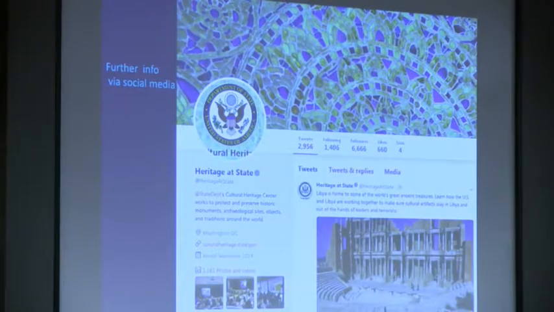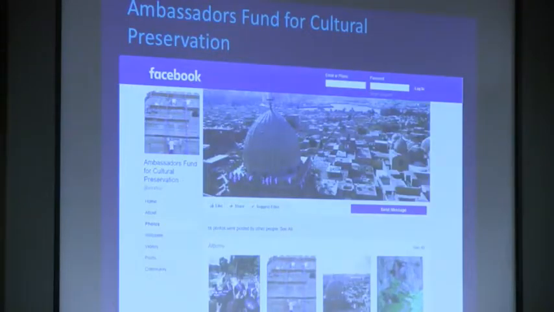The other large activity in the office that I was in is the Ambassadors Fund for Cultural Preservation. They also do a lot of social media to highlight their efforts. And so this is another source of information on the office. But the Ambassadors Fund for Cultural Preservation funds preservation projects around the globe. It's a public diplomacy tool, and it's also to help us preserve other countries' patrimony.